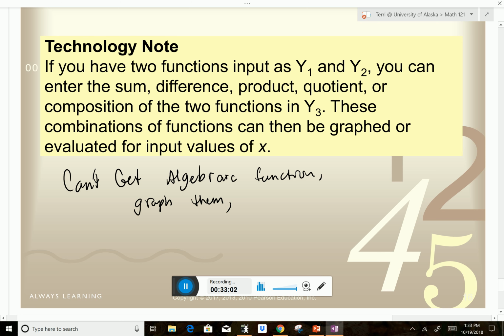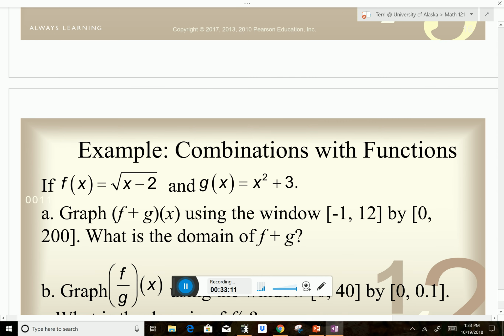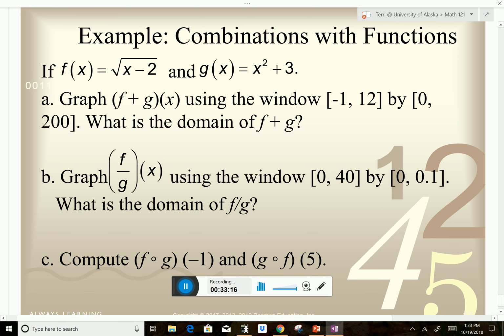You can find specific numbers. You can do a lot of different things. So let's take a look at how we would do this.